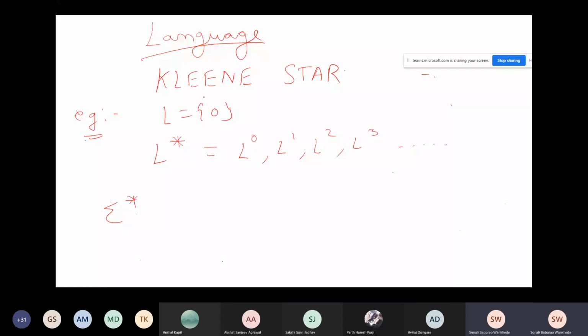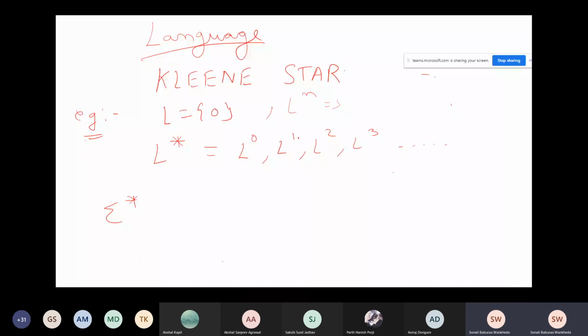It will consist of all the values of L raised to n, obtained by concatenating n copies of L. That is L raised to 0, L raised to 1, L square, L cube, and so on.